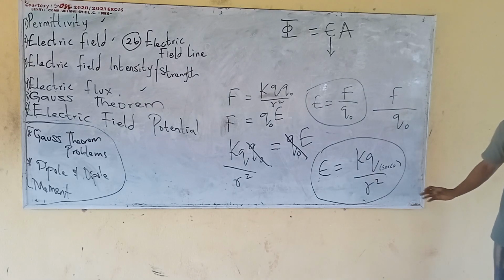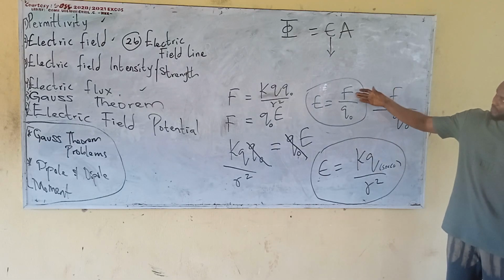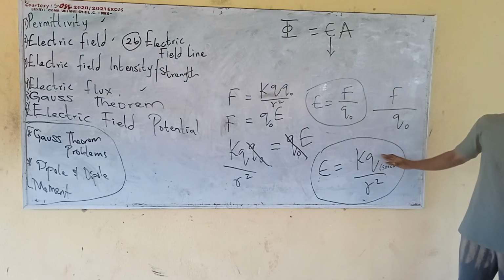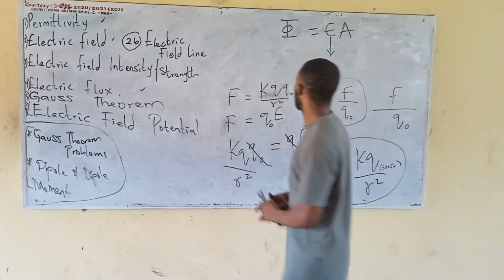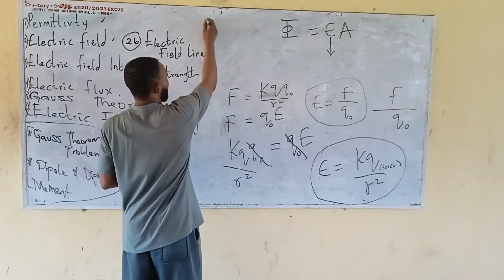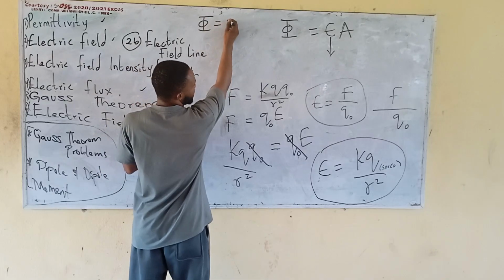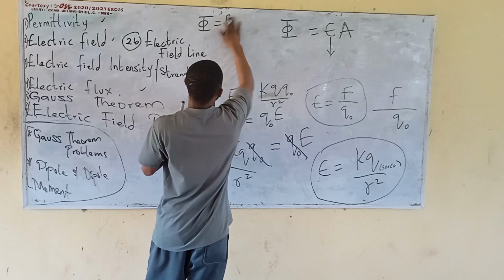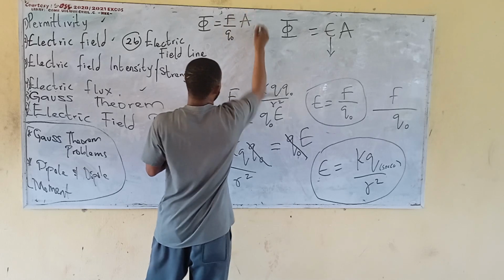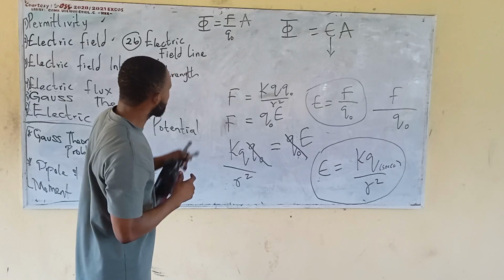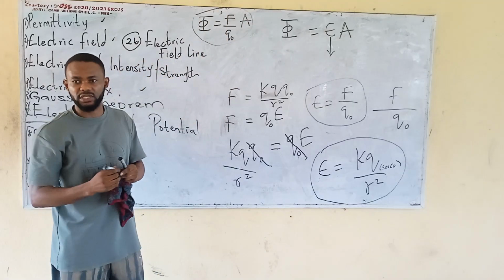Now, what I want to say is that, for the fact that I have this thing and I have this thing, it simply means that I naught, which is electric flux, can be the same thing as F over Q naught A. But in physics, we hardly make use of this.